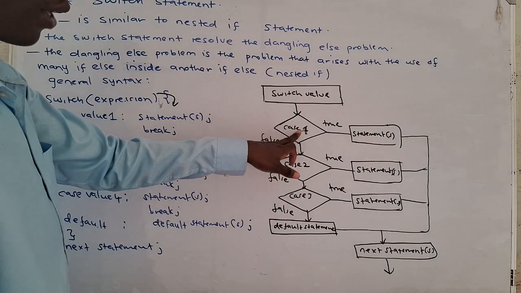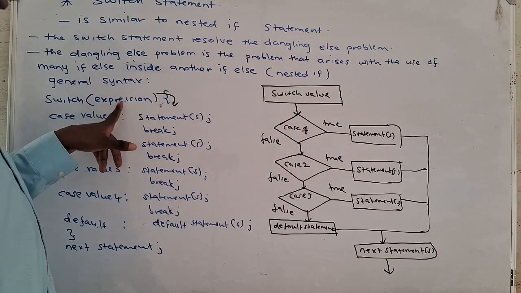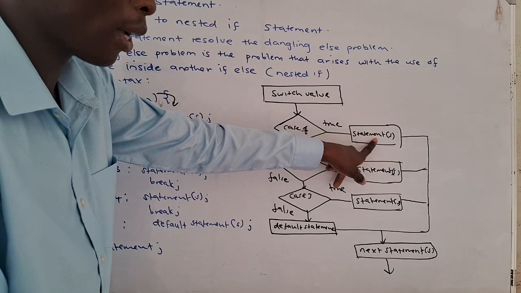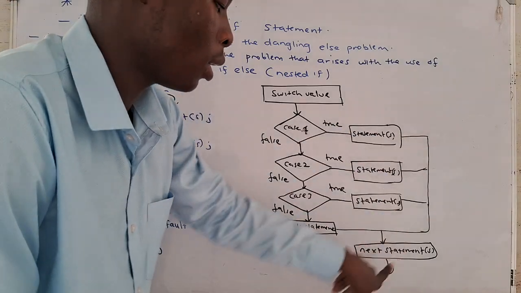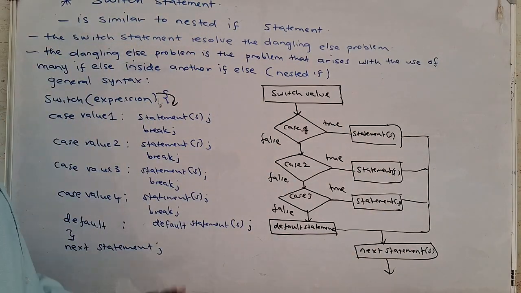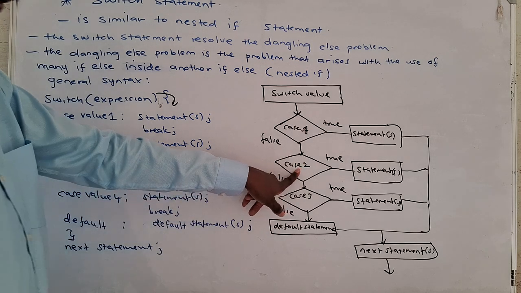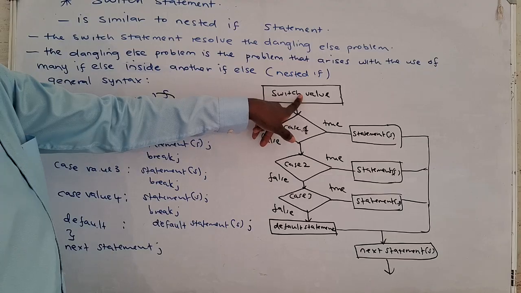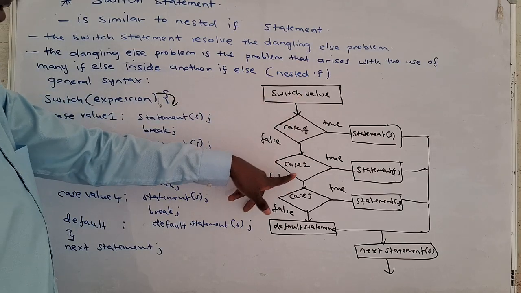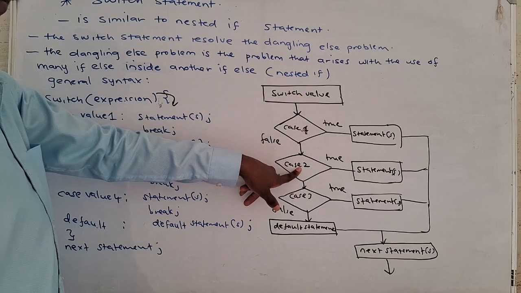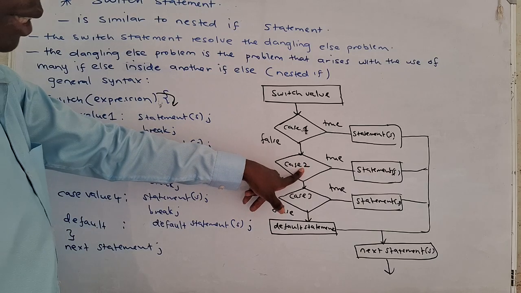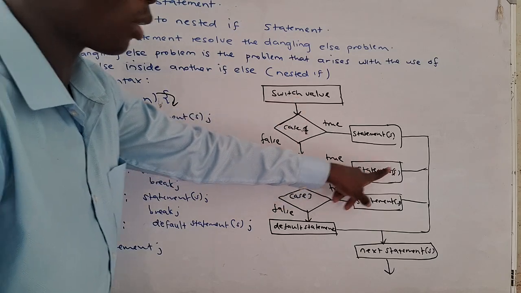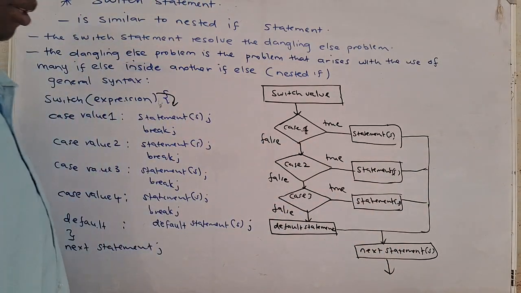If the case value is matching with the switch value, these statements are executed, and after that it is going to execute the next statement. If case number 1 is not matching with the switch value, case number 2 is going to be checked. If case number 2 is matching, these statements are executed, followed by the next statements.